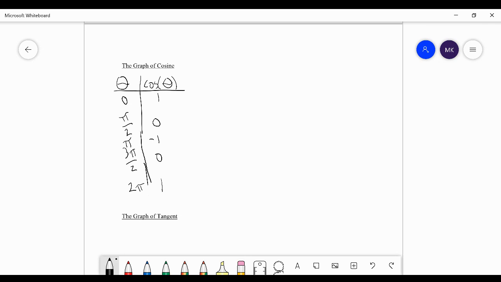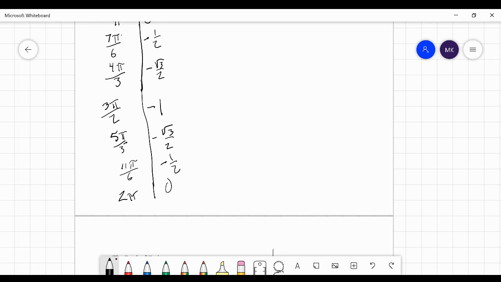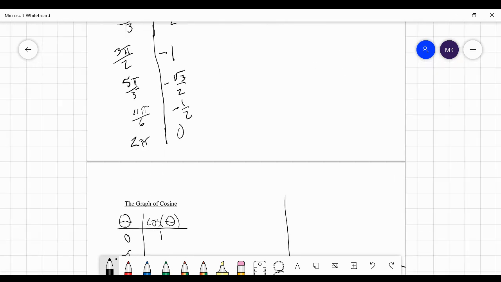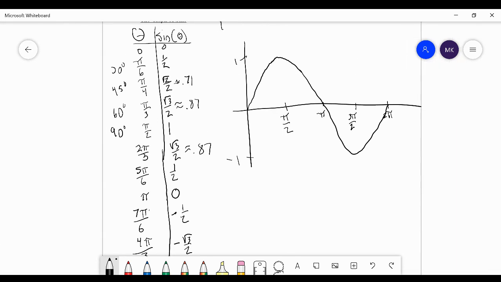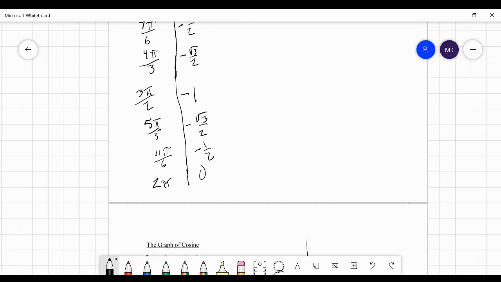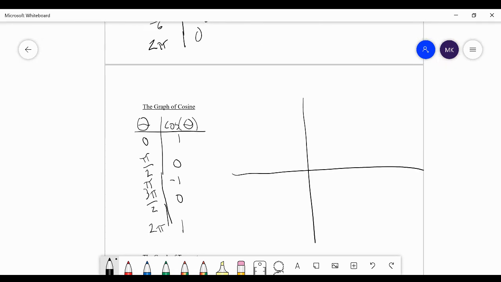And so our graph ends up looking very similar to the sine graph. The difference is, sine, from 0 to 2 pi, starts at 0, goes up to 1, down to negative 1, back to 0. Cosine starts at 1, down to 0, down to negative 1, and back up like that.